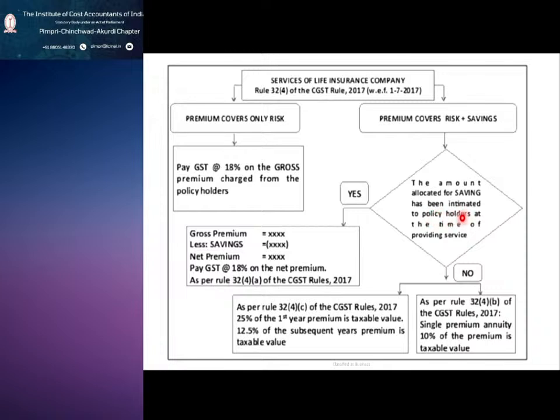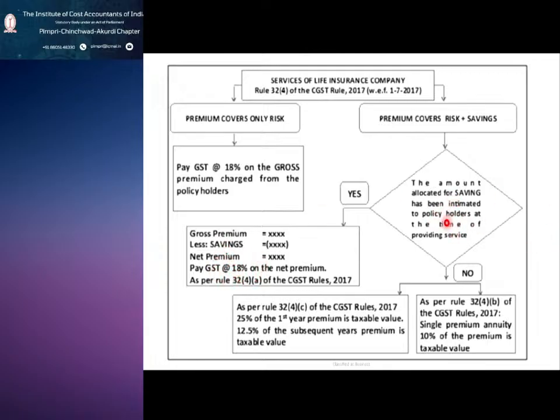If it is intimated, then gross premium less savings gives the net premium, so on the net premium, GST is payable.